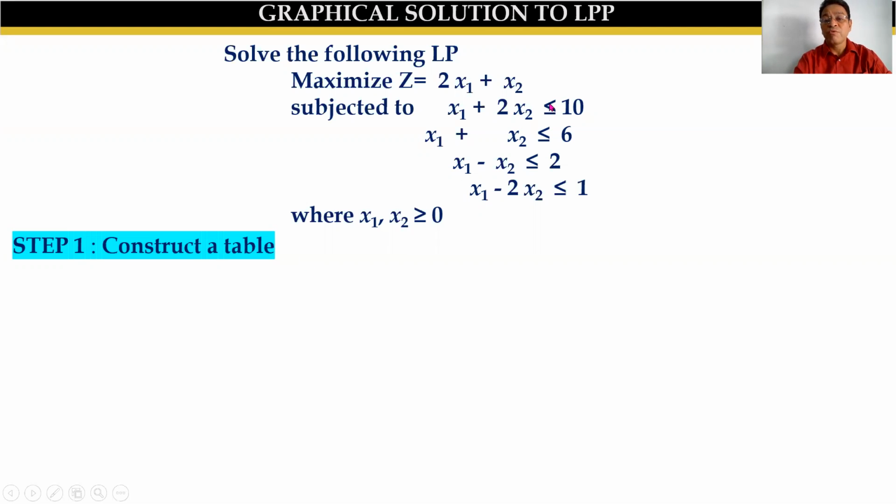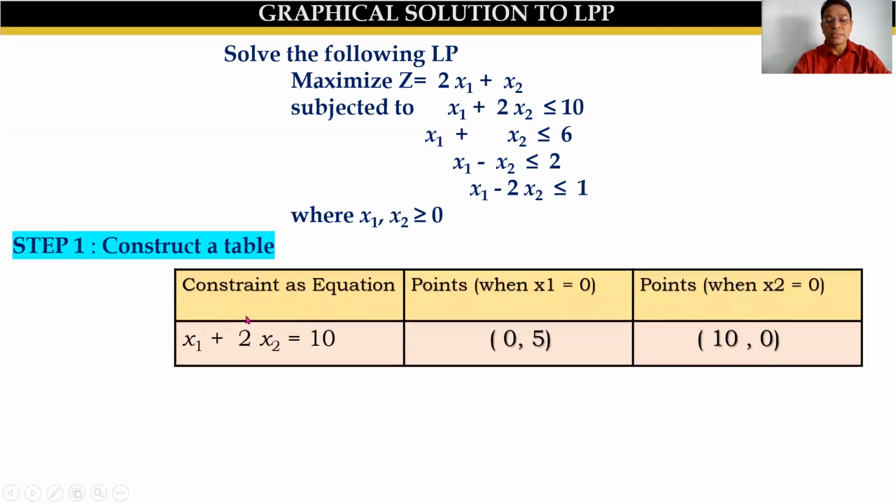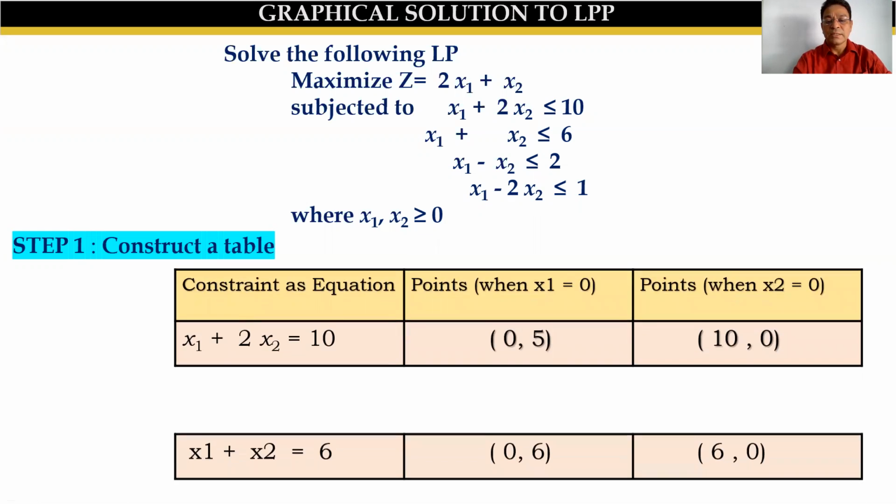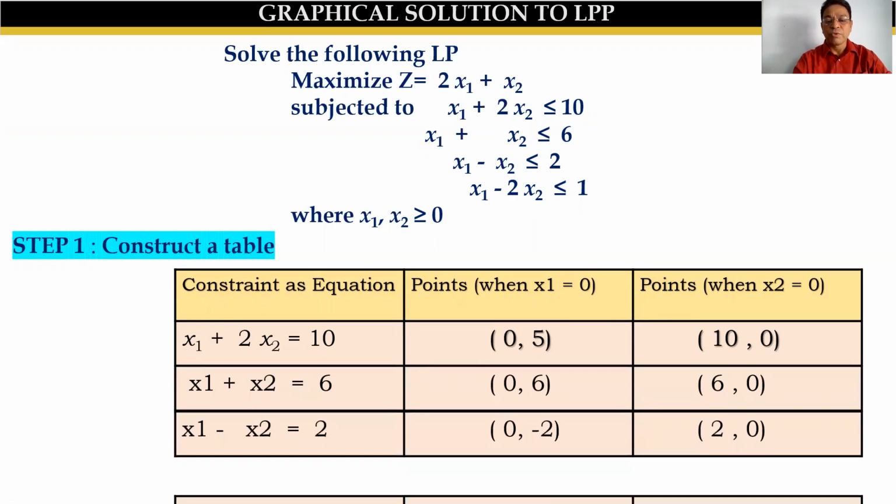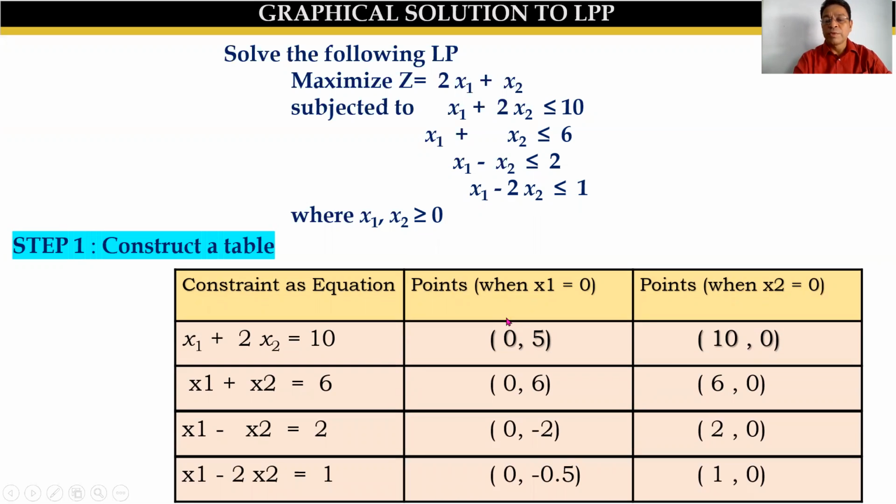How many constraints do we have? 1, 2, 3 and 4, and all the 4 constraints are less than or equal to type, and both x1 and x2 are greater than or equal to 0. So for 4 constraints, we'll get first, second, third, fourth. For 4 constraints, we now have points so that we can draw lines for these equations.